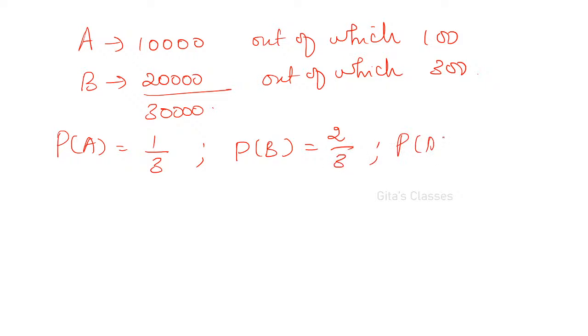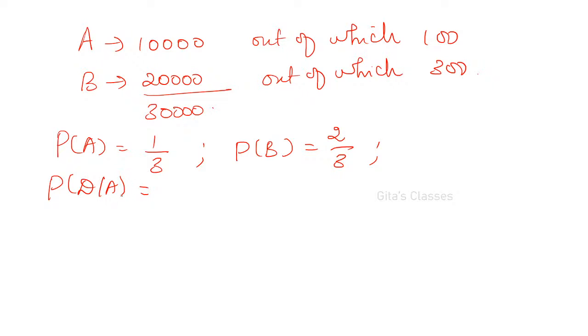And P of D given A. I'll write clearly, D given A. That is, you are considering the product A in which D is defective.